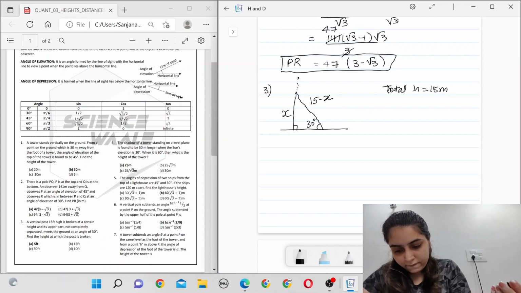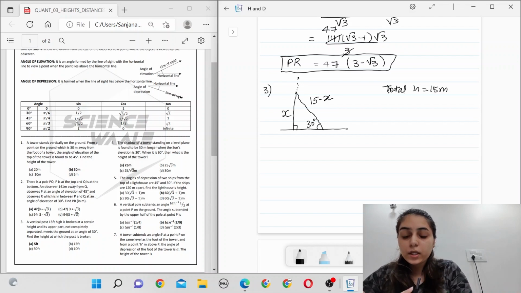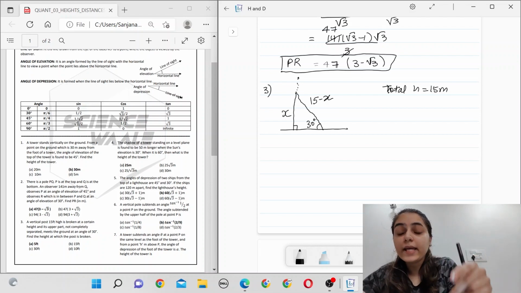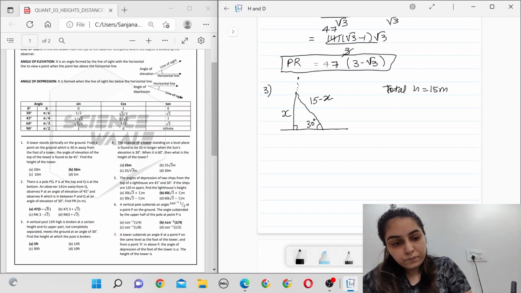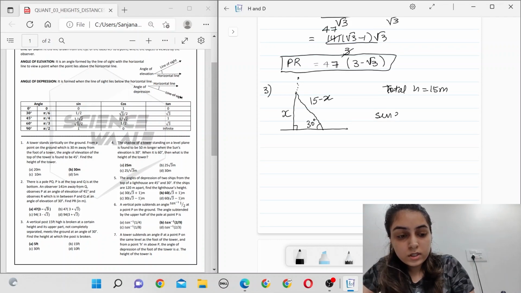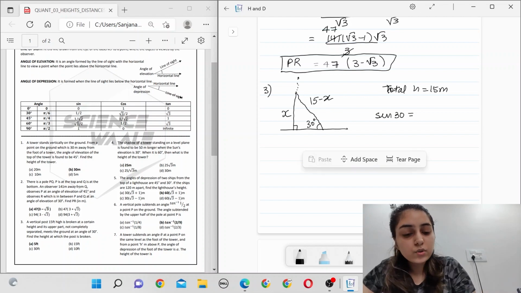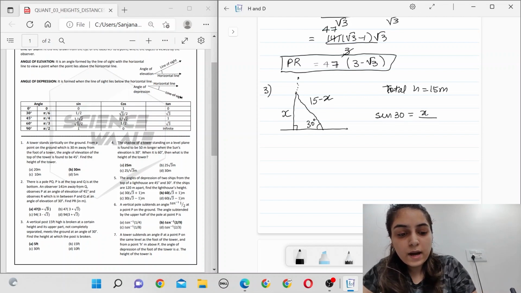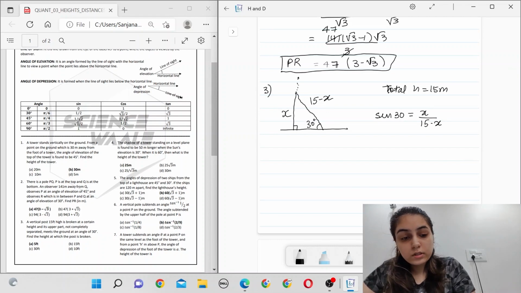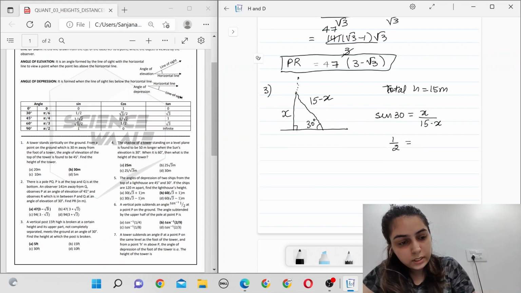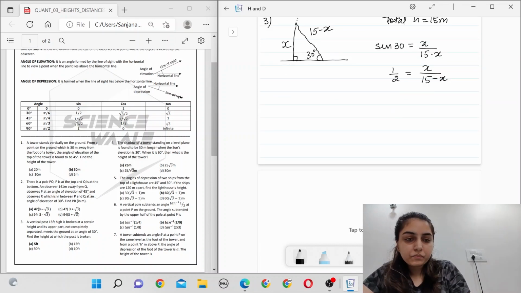So what they have asked is, find the height at which the post is broken. So we need to find the x. If we apply sine 30 is equal to opposite side by hypotenuse, it will be x by 15 minus x. As we all know, sine 30 is 1 by 2, so 1 by 2 is equal to x by 15 minus x.